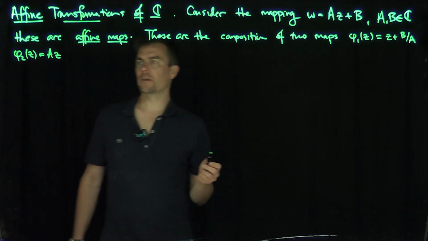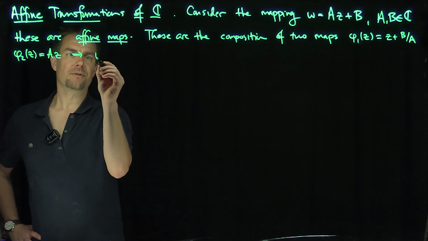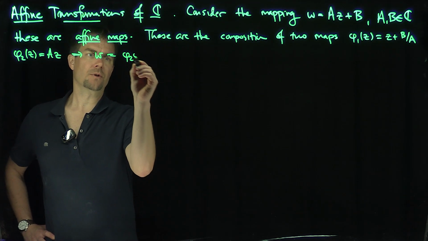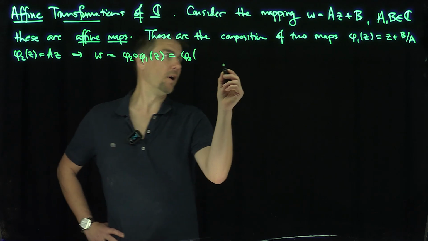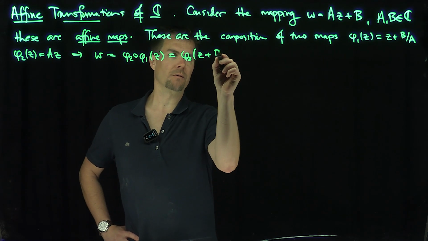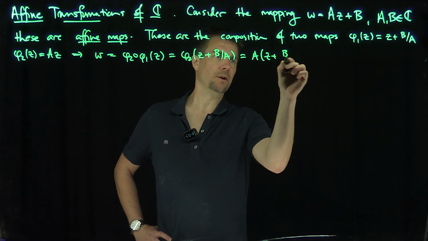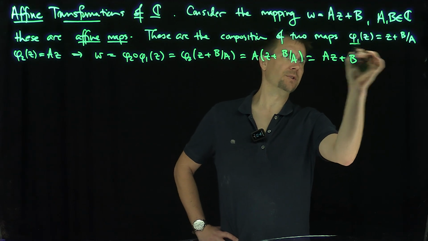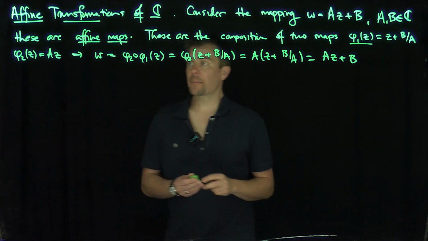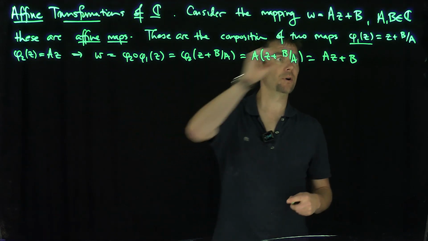And so phi 1 and phi 2 are separate classes of functions, and every affine map then satisfies W equals phi 2 composed with phi 1 of Z. Let's check. That's phi 2 of Z plus B over A, and that multiplies by A, so that's A times Z plus B over A, which gives me AZ plus B, exactly what I wanted. So affine maps are the composition of a pure multiplication by a complex number and a translation.